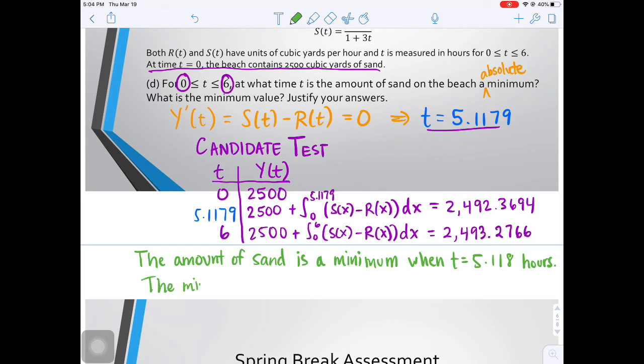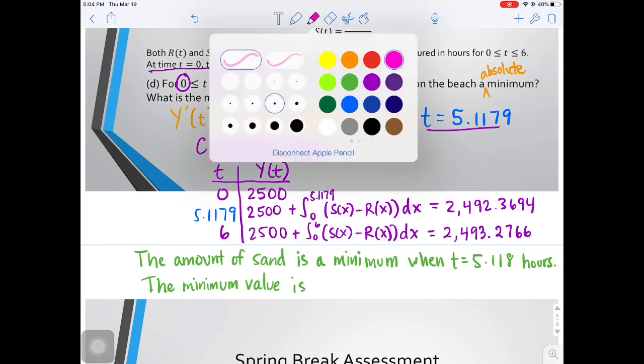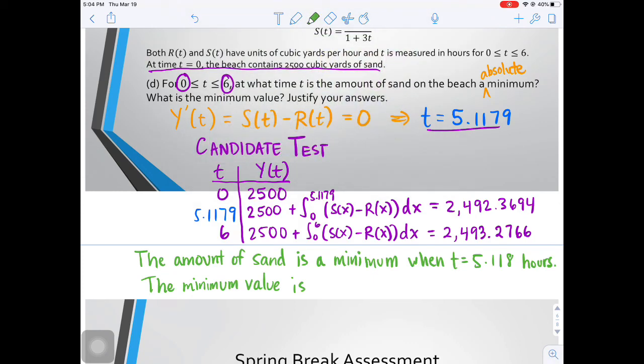The minimum value, or you could say the minimum amount of sand, is, well, I guess we should have said it explicitly: you're comparing the three y of t values, and the smallest of those three is this one right here.